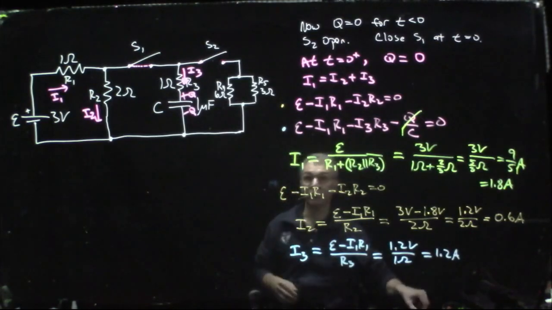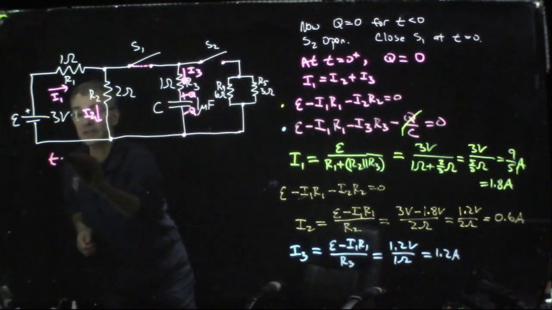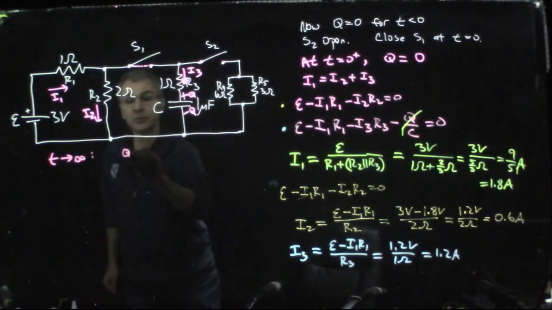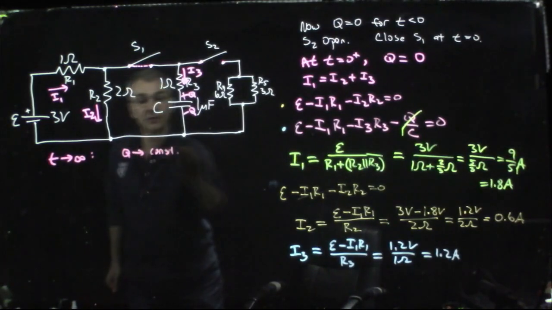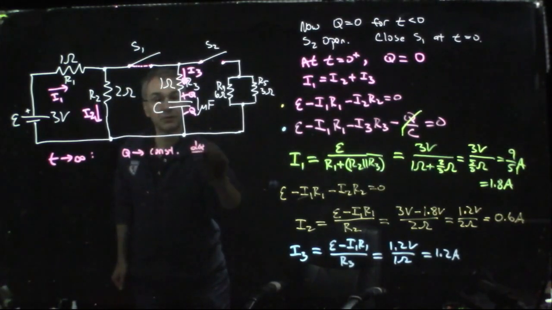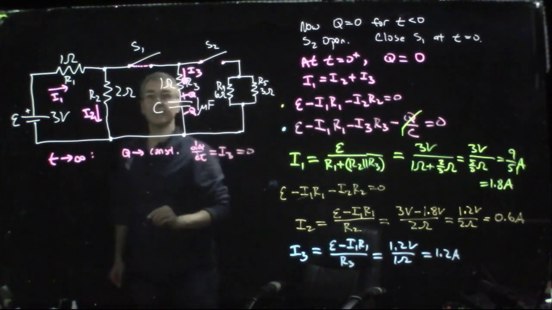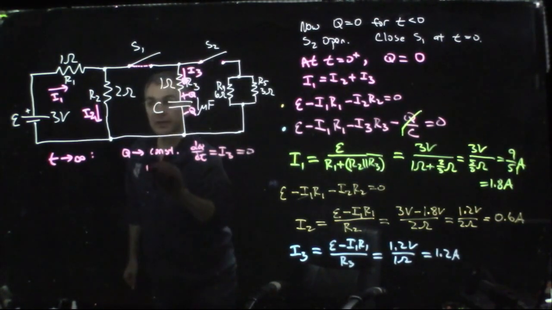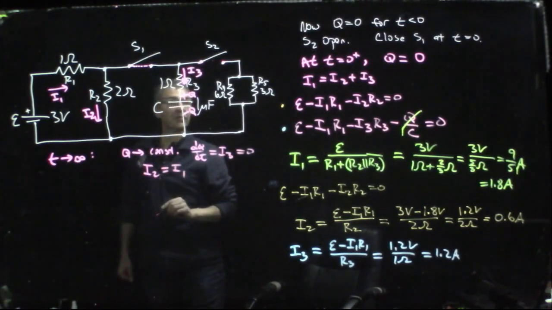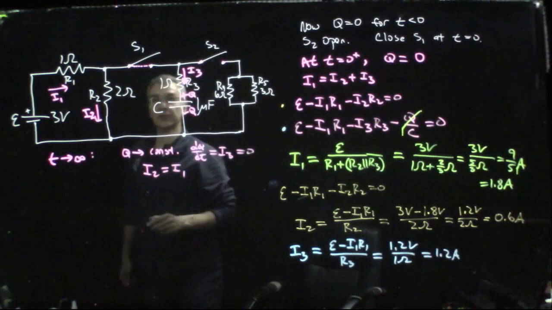After a long time, so a long time after we closed S1, what are all of these currents? If we say t goes to infinity, then we know that q goes to some asymptotic value. So that means dq/dt, which is the same as I3, must be 0. That's convenient because now I2 equals I1. Then we're back to the situation we had before we closed switch S1.